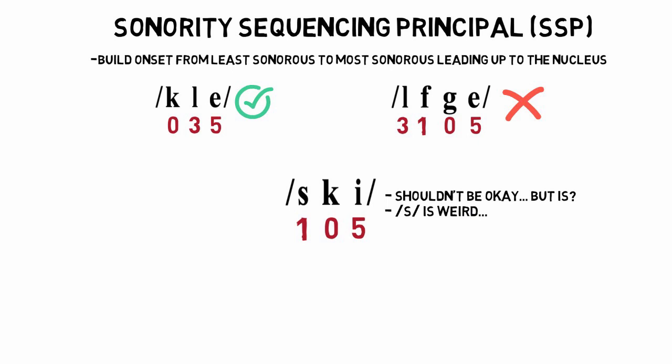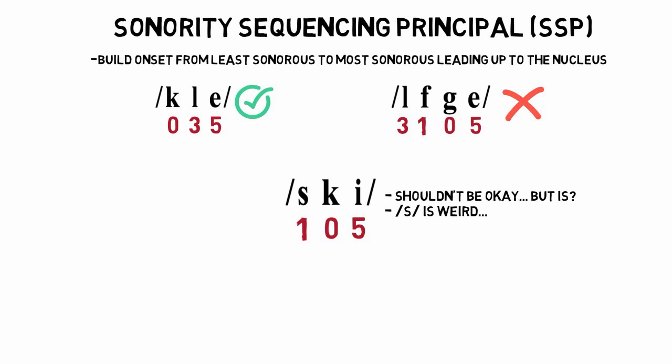And you might be thinking to yourself, well, how is the sonority sequencing principle really valid if it just doesn't work with the letter S or the sound S? And to that I would say that science is hard and we're trying our best. In English, the sonority sequencing principle can essentially be ignored when an onset starts with the letter S. When an onset starts with an S, it can then be followed by any voiceless stop.